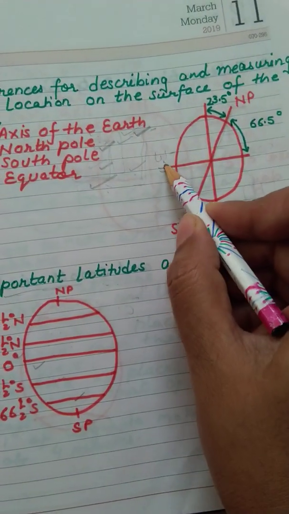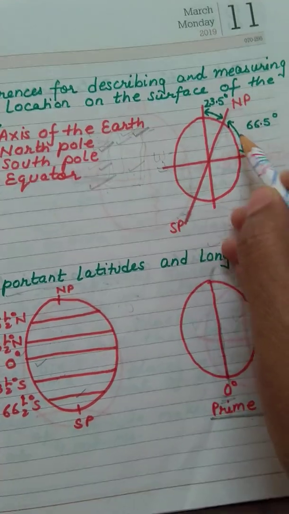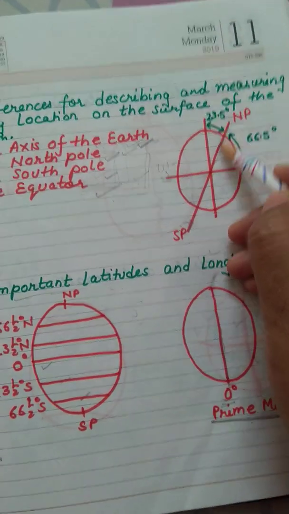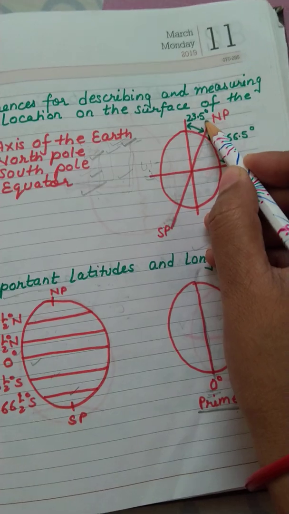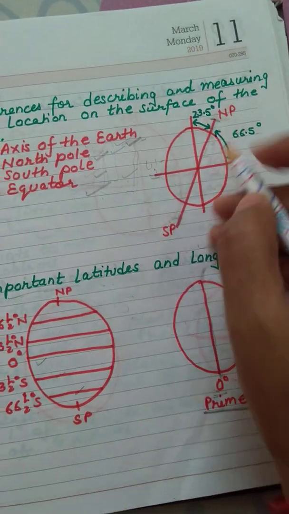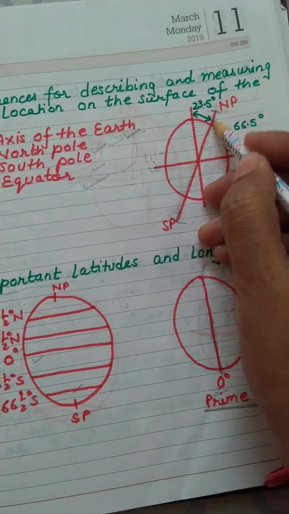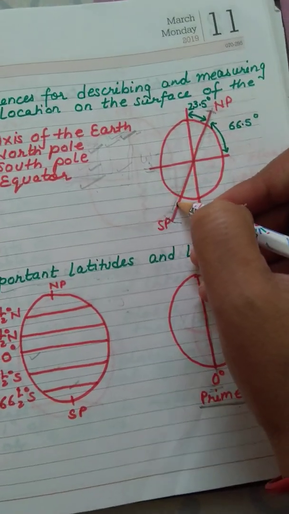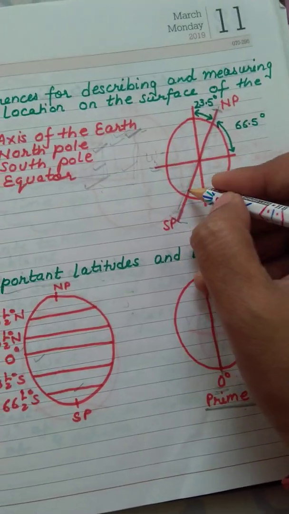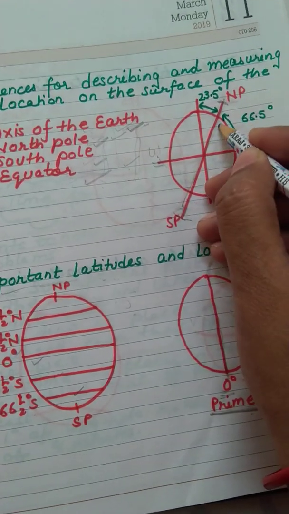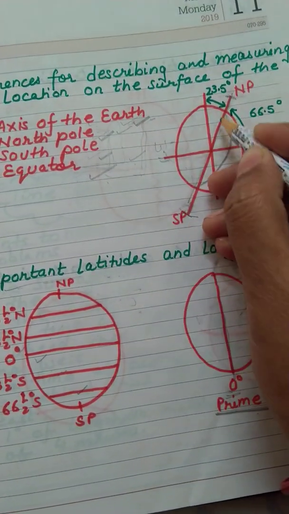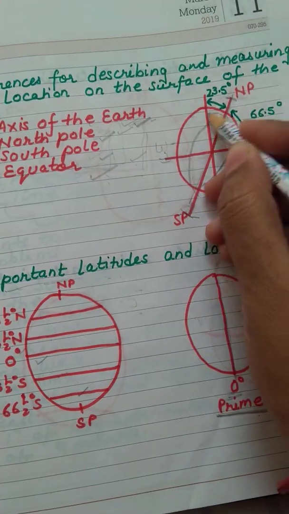As we know, earth rotates on its own axis, and the two ends of the imaginary axis are North Pole, South Pole. And if we connect these two ends, we will get the centermost longitude line. And with the help of this centermost longitude or meridian, we can draw other longitudes also.